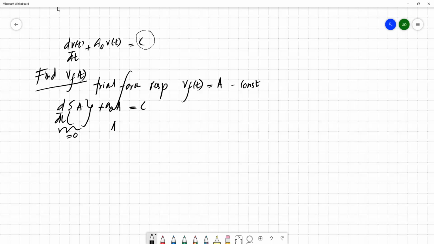From this we can simply say that A is C divided by a naught. So we can claim that the forced response v_F(t) equals C divided by a naught.